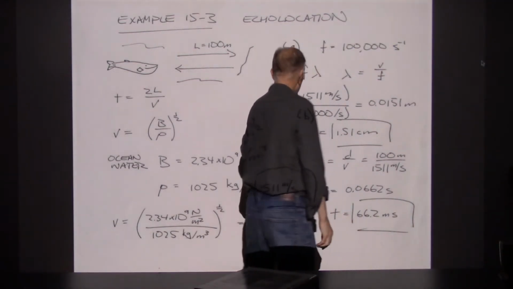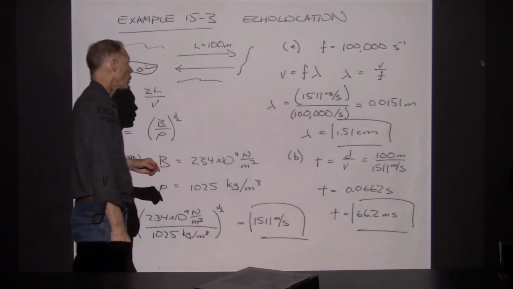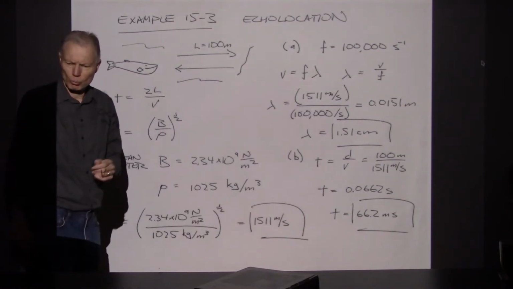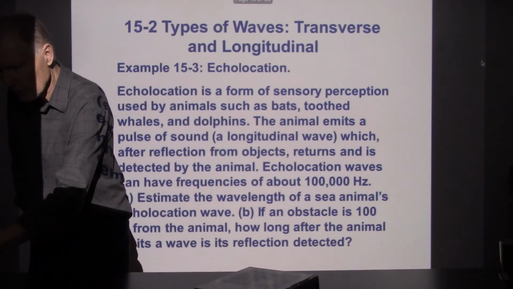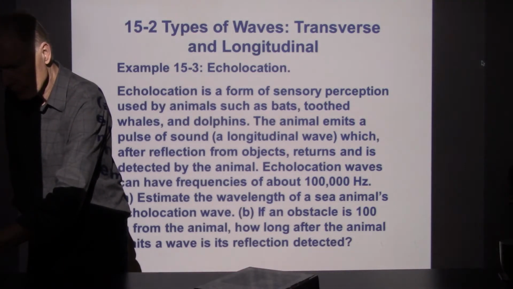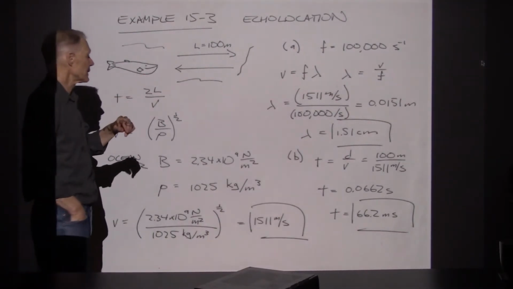And then the time that it would take to return, the distance here, how much time does it take to go one way? I'm thinking I only solved for one way. Oh, no, I didn't. I need to double that number. Sorry about that. So that number needs to get doubled.